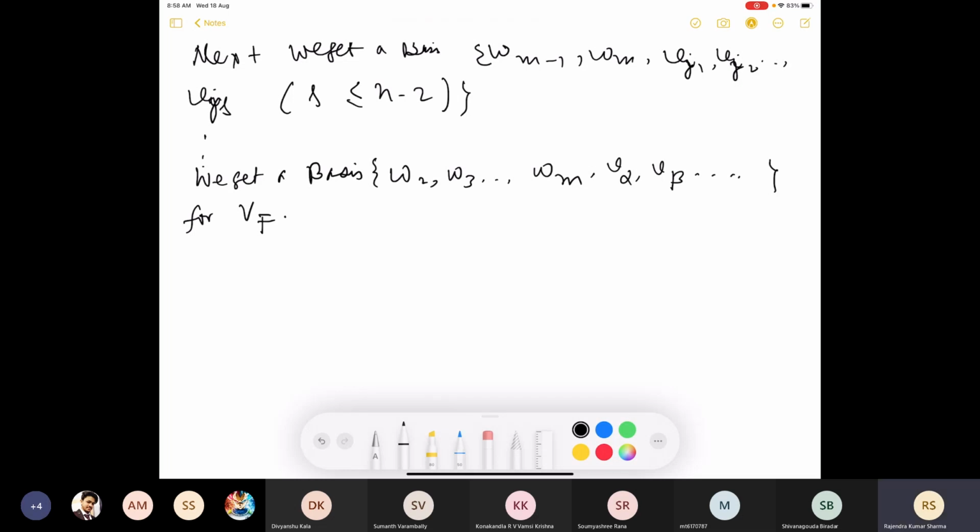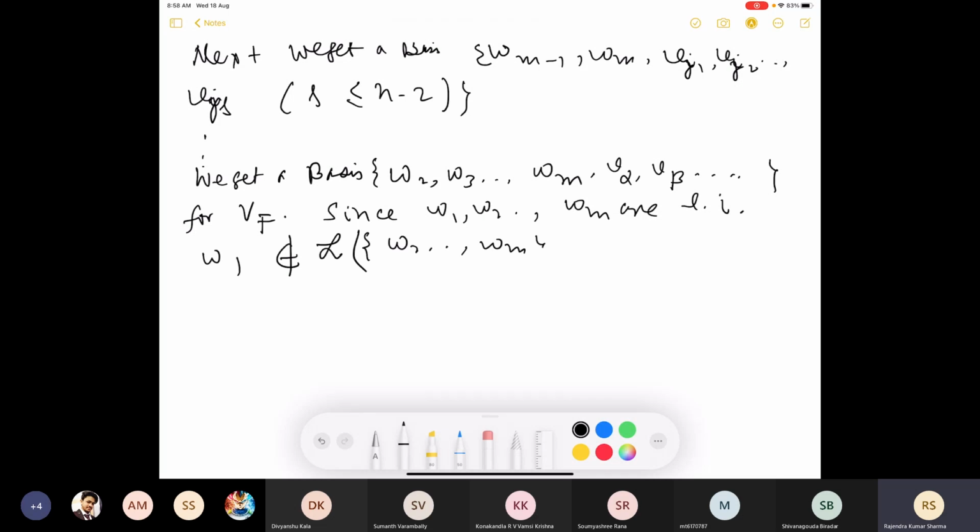So W1 cannot be a linear combination of the remaining ones. Since W1, W2, Wm are linearly independent, W1 cannot be in the linear combination of the remaining ones, that means W2, Wm.